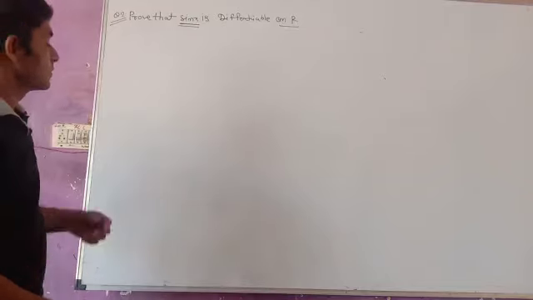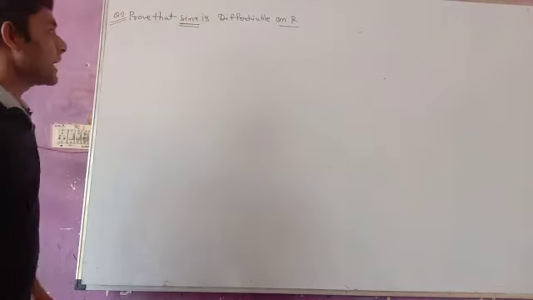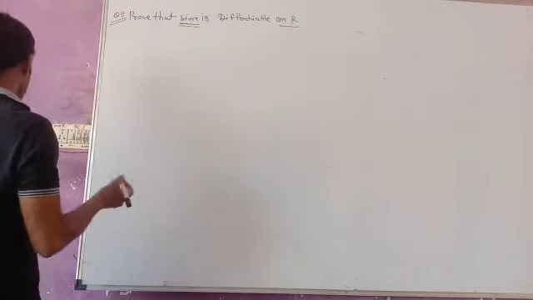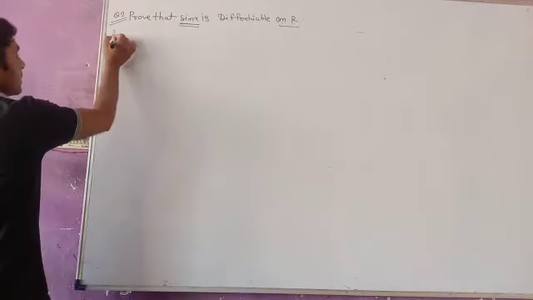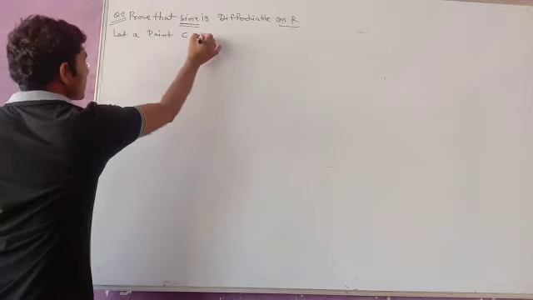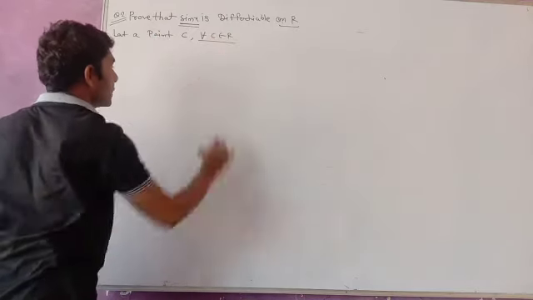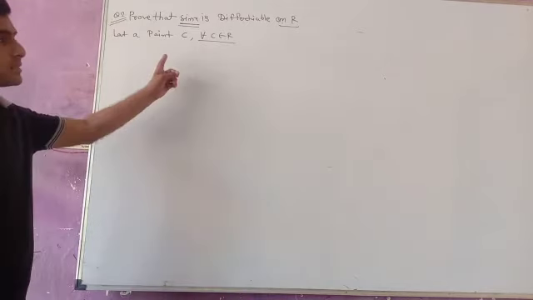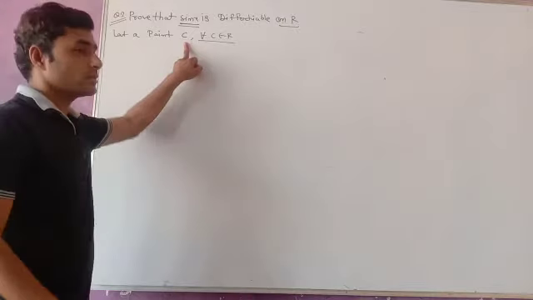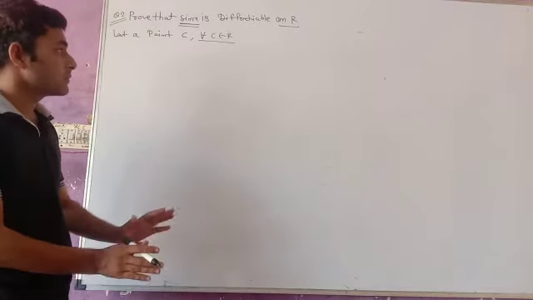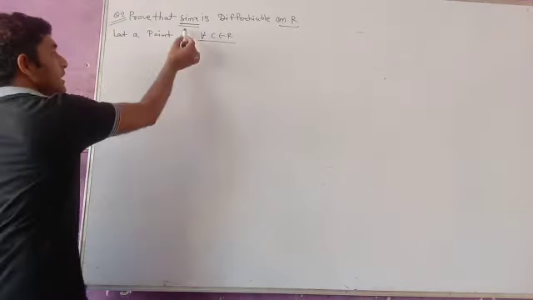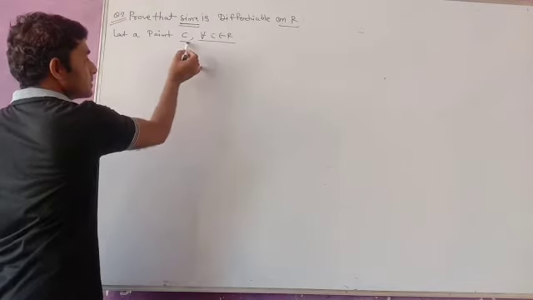Now we have the next question. Prove that sin x is differentiable on R. R is again the set of real numbers. Okay. Let c be a point, for all c an element of R. We have to prove sin x is differentiable on R, and c is any point from minus infinity to infinity, c belongs to R. We have to prove sin x is differentiable at this point c.